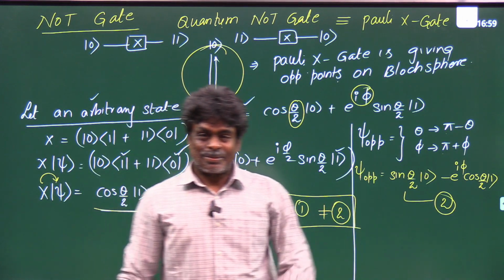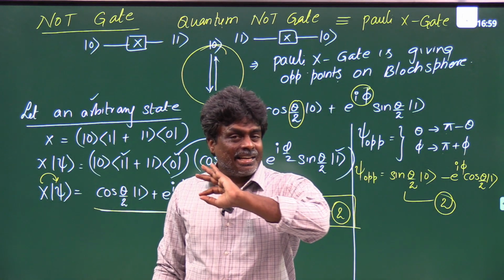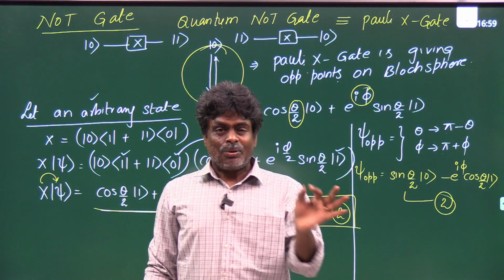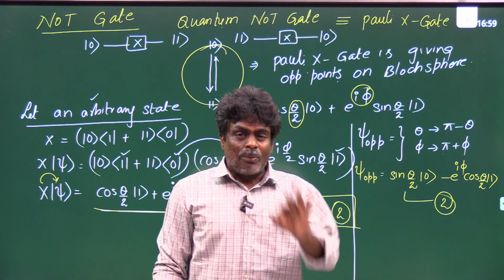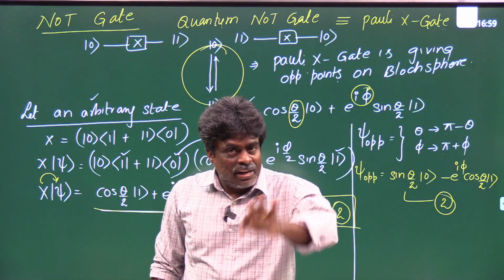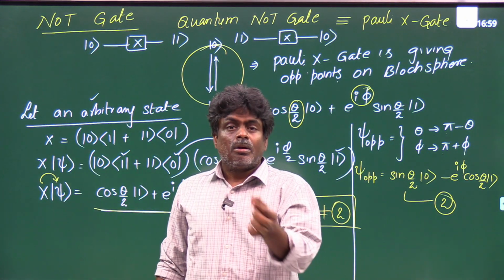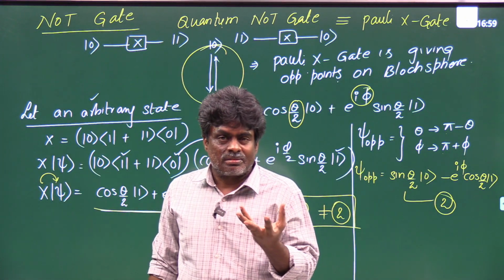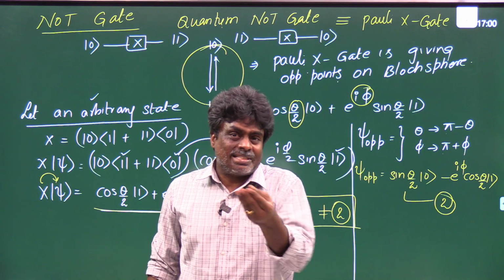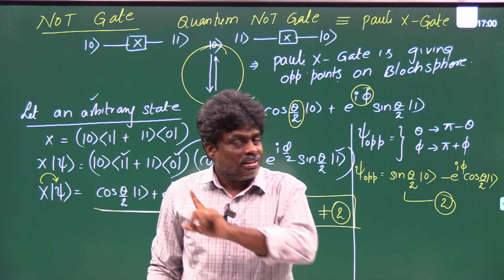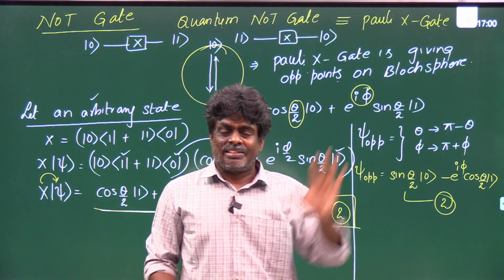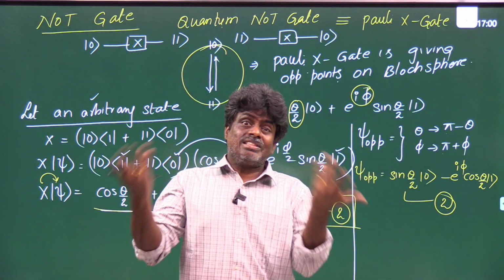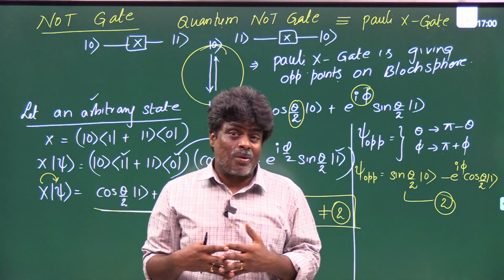Okay. So the Pauli X gate is not at all a universal quantum NOT gate. The Pauli X gate is the NOT gate only for pure single qubits, that is, computational basis states. Not for linear combinations, not for a general state. Then what is the universal quantum NOT gate?